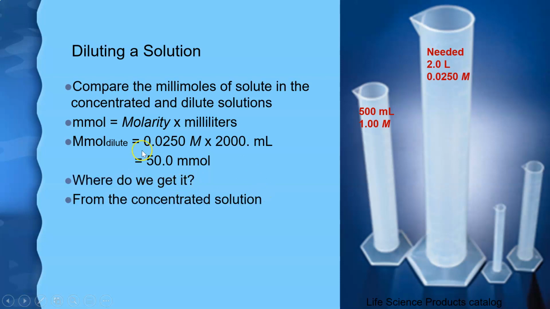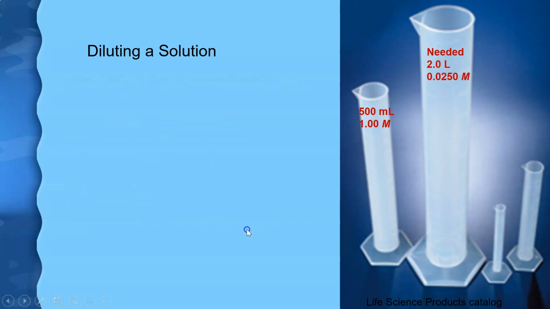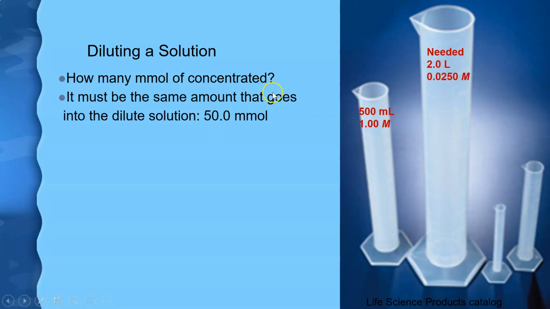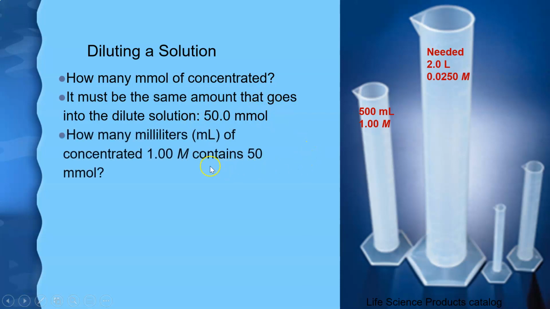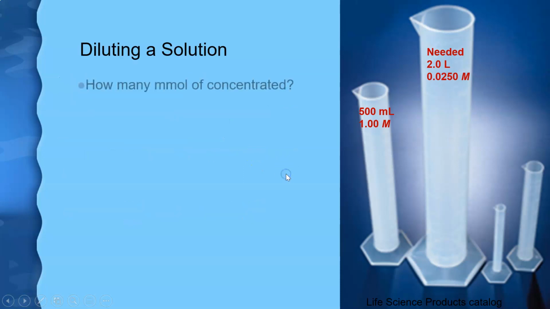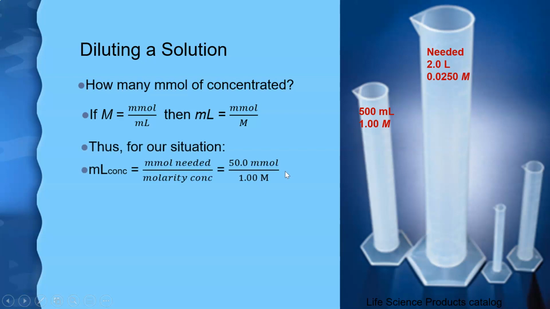I get that 50 millimoles from the concentrated solution. So that 50 millimoles, well, if it's 1 molar, every 1 milliliter has 1 millimole. So if I need 50 millimoles, I need 50 milliliters. So then that would tell me how much of my more concentrated solution I need.